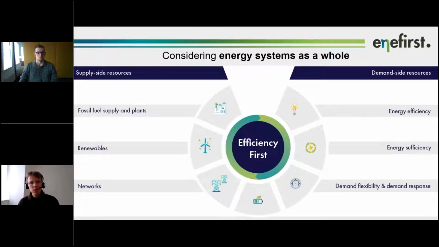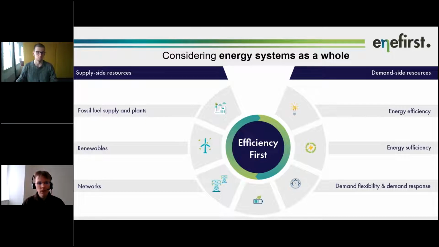That can be illustrated in two ways. The first one is to consider the energy system as a whole. So not looking at the two sides in silos, the supply side and demand side, but adopting a comprehensive view and combining them all together. And when an investment related to energy is needed, to consider the different options on both sides.